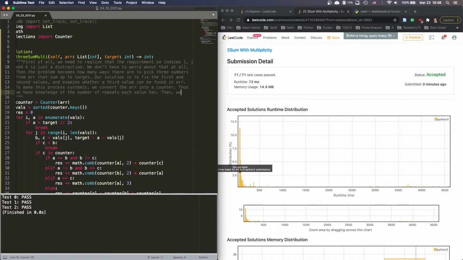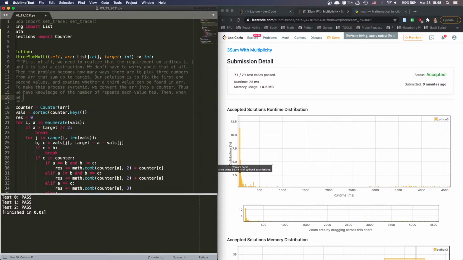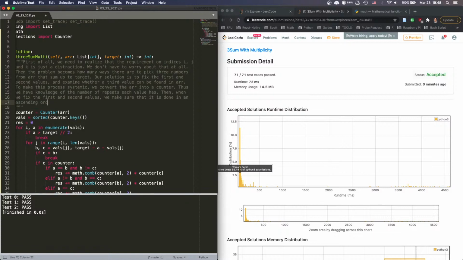Then, when we fix the first and second values, we make sure that it is done in an ascending order. This is to avoid double counting.